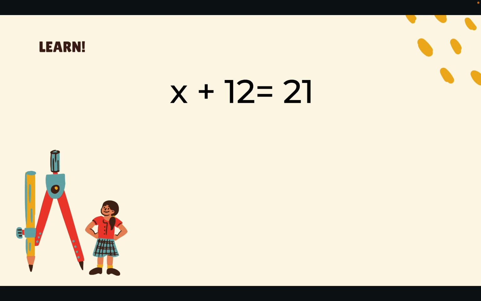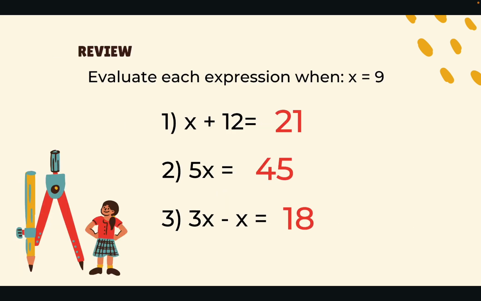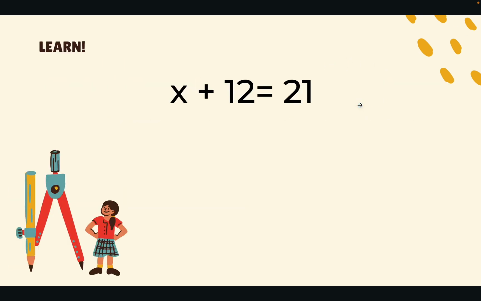Let's say we do not know yet that x is equal to 9, because that's what our example was a while ago. But what if we do not know yet the value or the constant number for the variable x?